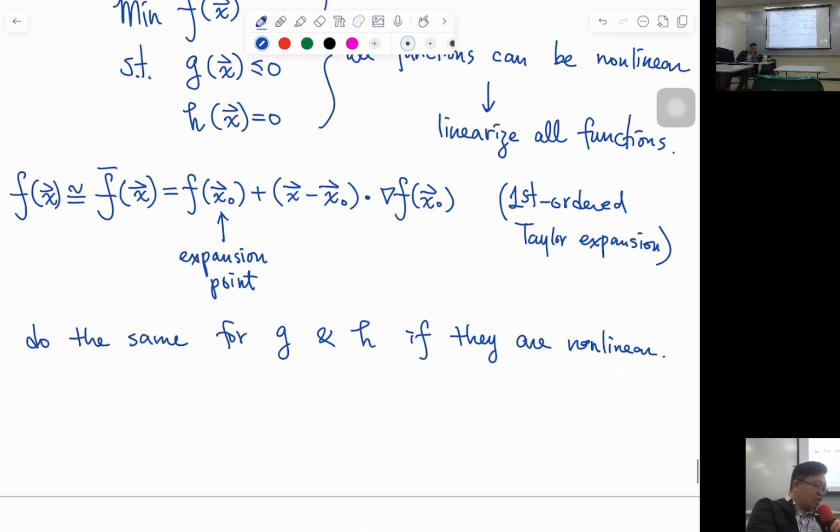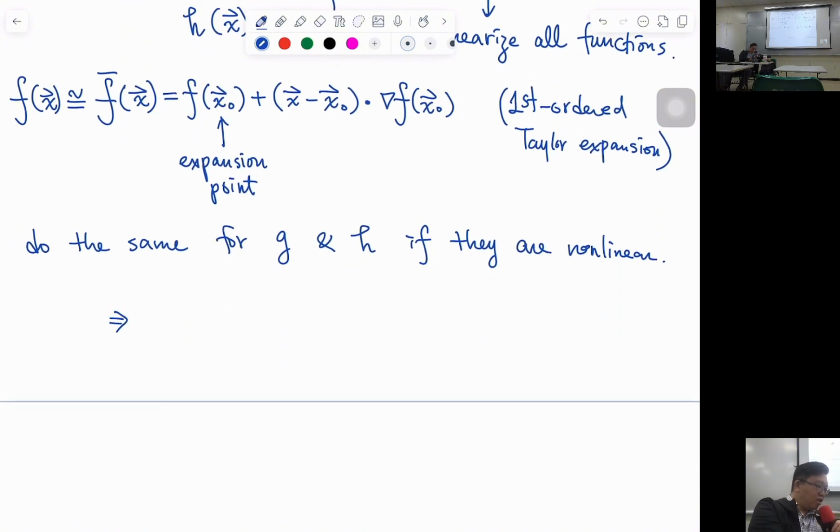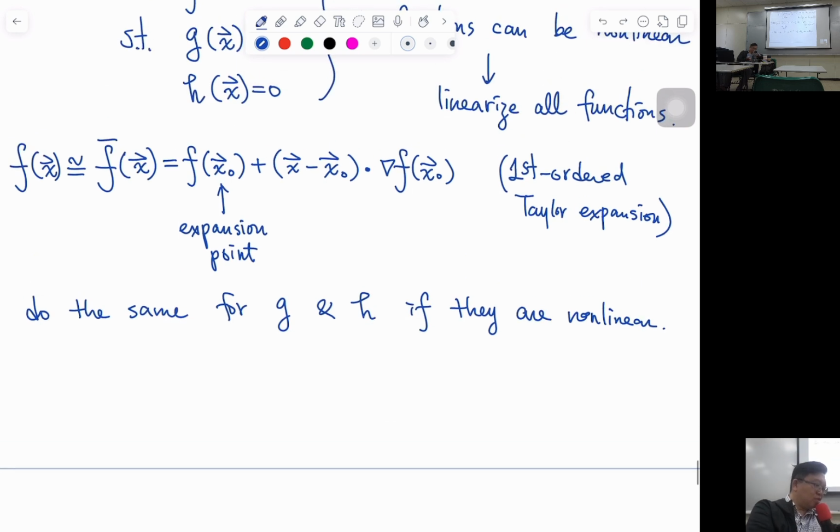So now let's say we already have everything linearized, but for LP we don't like one thing. We don't like inequality functions.